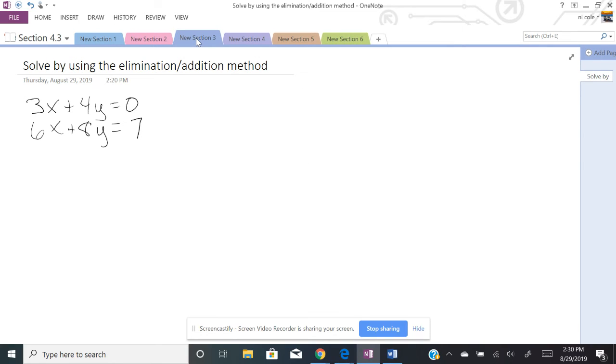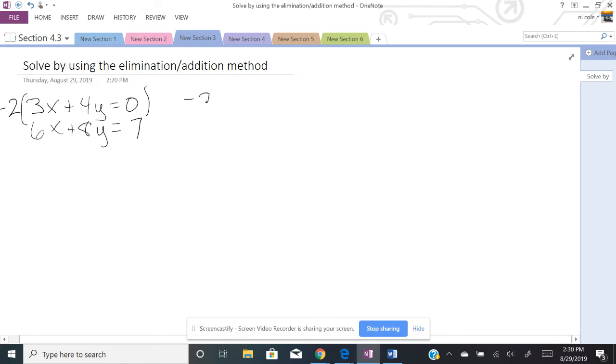All right. Here's another one. This time I do not have a single x, neither one of my variables the same. Let's look at the x's or the y's. Are the values the same? No. So I need to do something to either my x's or my y's, and you get to pick. I'm going to take this one and multiply it by negative 2 to eliminate my x's.